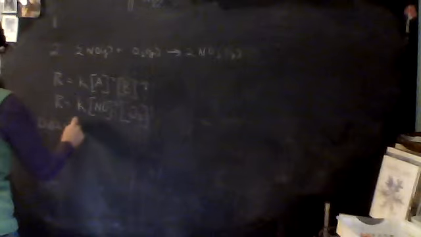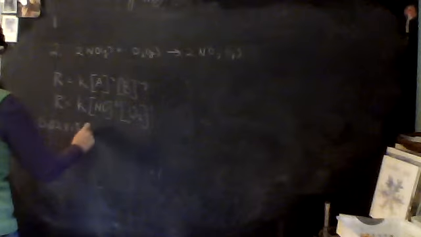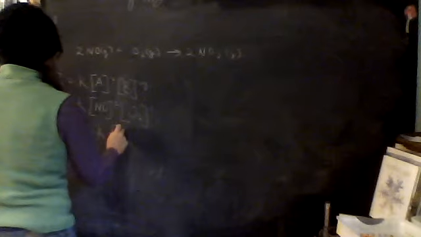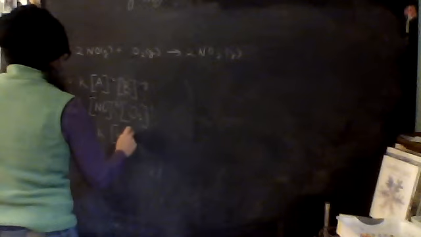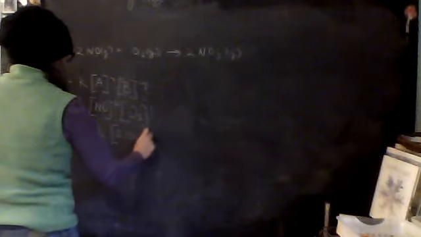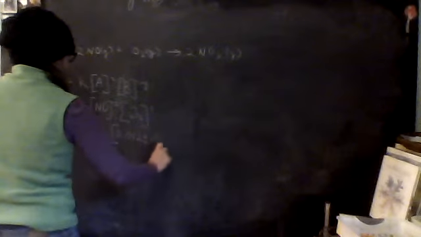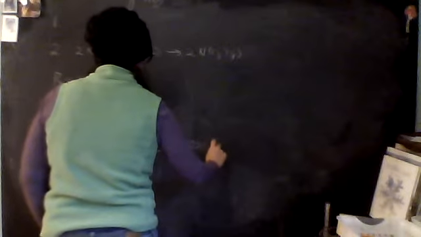Molarity per second equals K times the concentration of NO in the first trial, 0.0125 molarity, squared, times the concentration of the oxygen, 0.0253 molarity, to the 1.